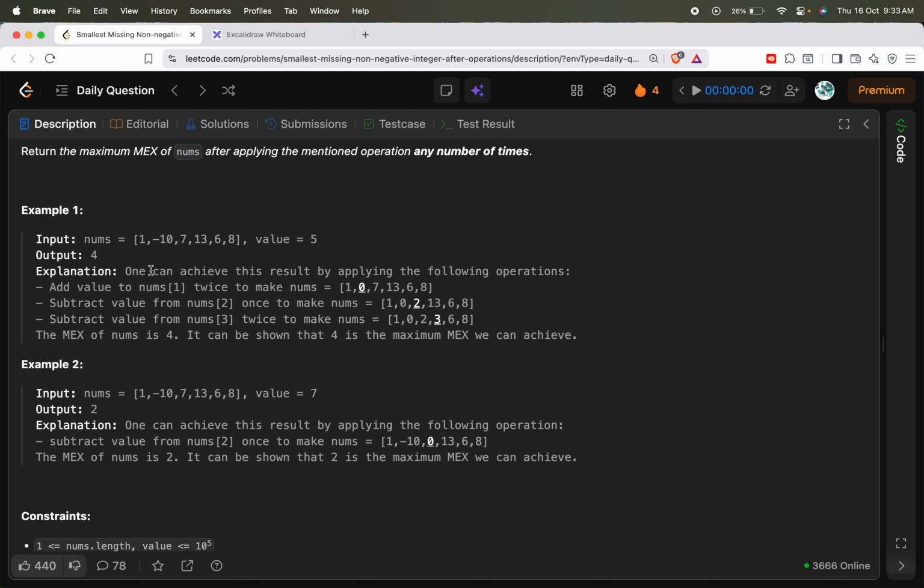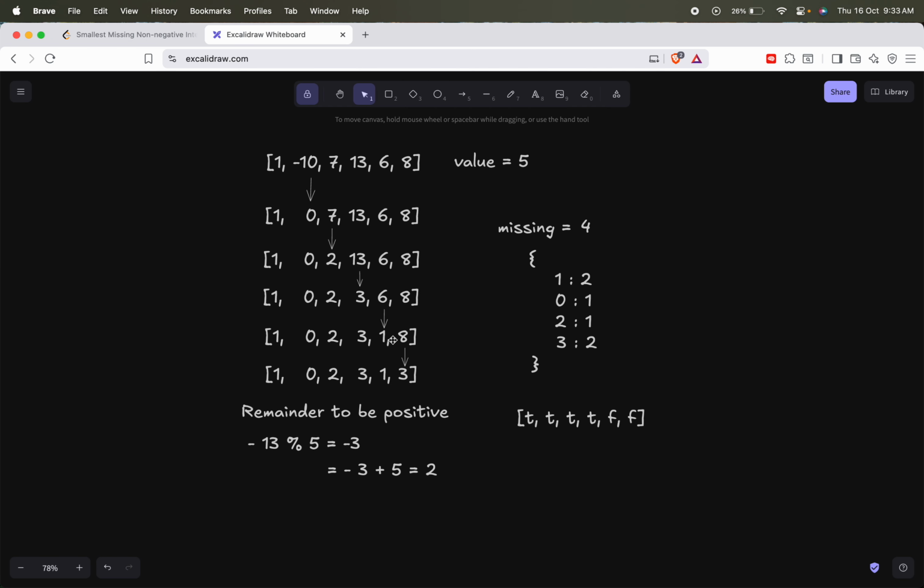When I was going through the examples, I noticed some unique behavior. If you see, one does not change over here. The 10 got changed to 0. In the next iteration, 7 got changed to 2.